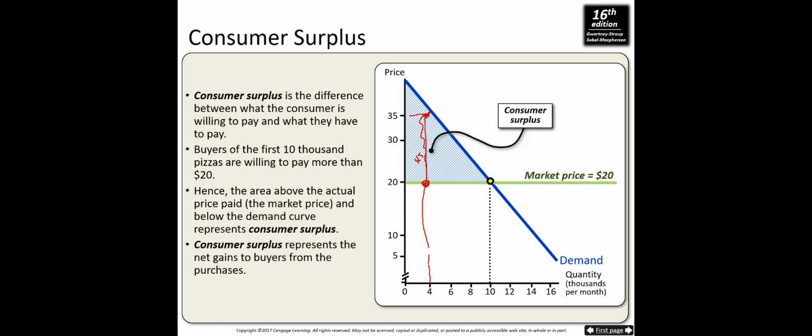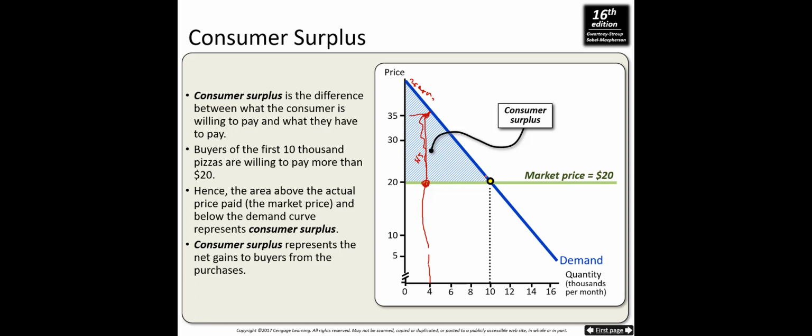But we want to know the total consumer surplus. That means there are many people here, and we want to know, for all of these people buying pizza up to and including the 10,000th pizza, what is their consumer surplus? The person who buys the 10,000th pizza doesn't have any consumer surplus. It's zero because valuation is 20 and the price is 20.